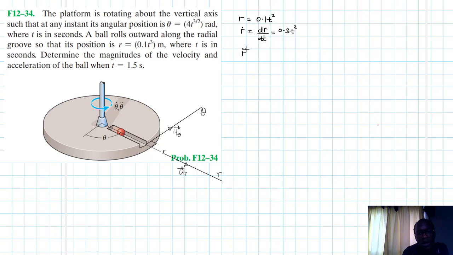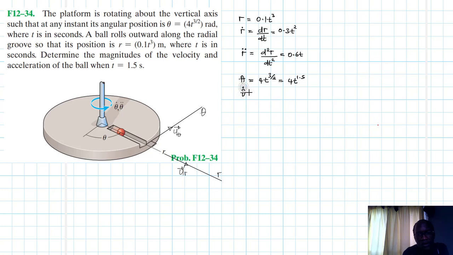Let's go to r double dot, which is the second derivative of r with respect to time. This is going to be equal to 0.6 t. All right, let's go to theta. Theta is also expressed as a function of time, so it's 4t to the power 3/2, which I can also rewrite as 4t to the power 1.5.